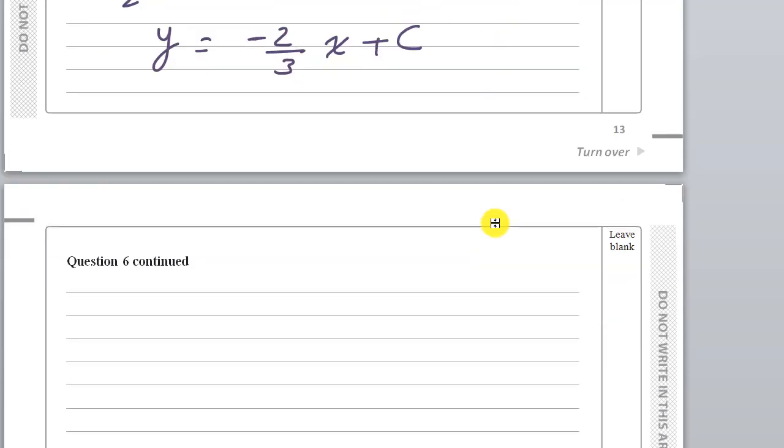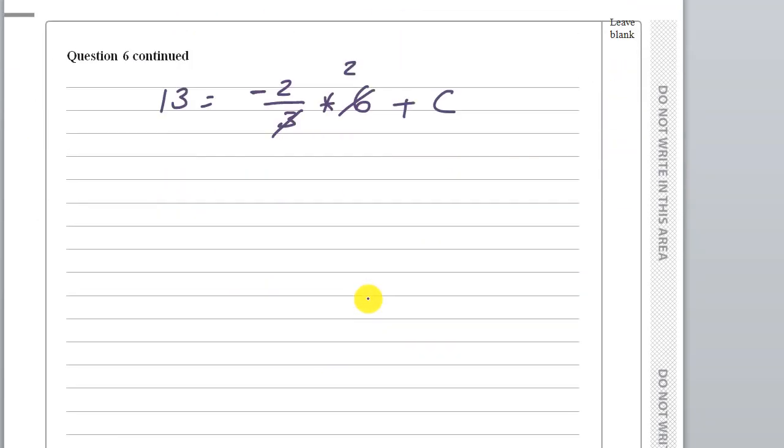Substituting 6 and 13: 13 is equal to minus 2 divided by 3 multiplied by 6 plus c. Here, this one with this one is equal to 4. So c will equal 13 plus 4, which is equal to 17.